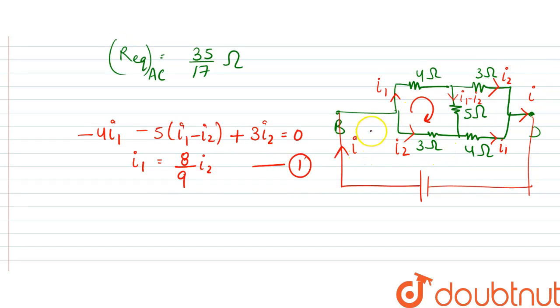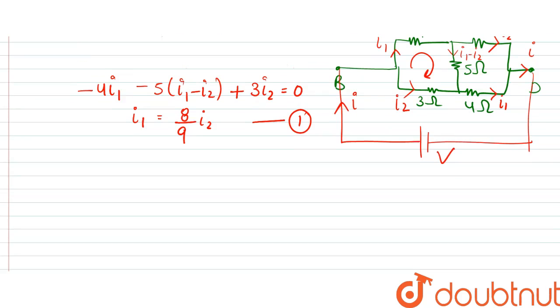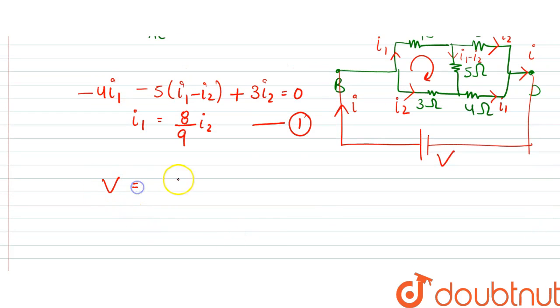Using the equation in this upper branch and then going to this, let's say the voltage supply is V, so V would be equal to 4I1 plus 3I2, as well as I is equal to I1 plus I2, so that is our third equation.